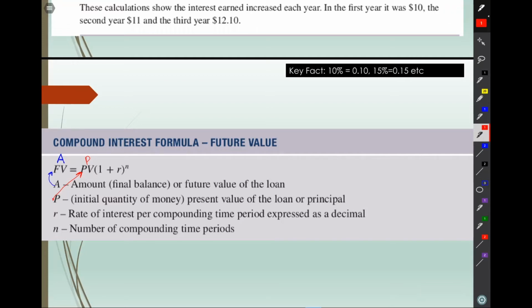It might be worth it for you to write down both of those. So write down one version of the formula where it says A equals P(1 + R)^N, and one that says FV and PV. They mean exactly the same thing, but you will see both versions of the formula depending on where you look.